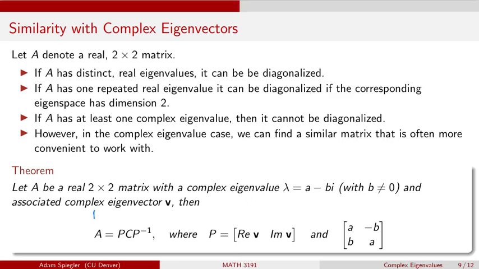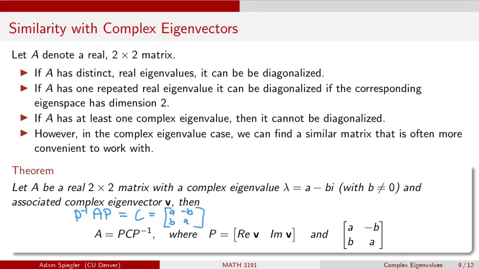And so if I take my matrix A and I multiply on the right by this matrix P and on the left by the inverse of P, then we're going to wind up with a matrix C where the diagonal entries are going to be the real part of the eigenvalue lambda, and then the off-diagonal entries we get from the imaginary part of the eigenvalue lambda. So in other words, A is going to equal P times this matrix C times P inverse.